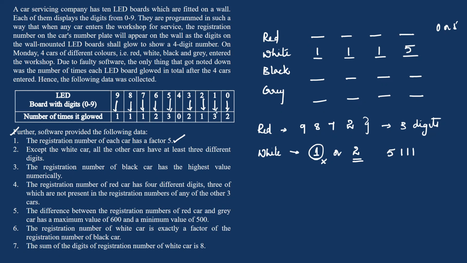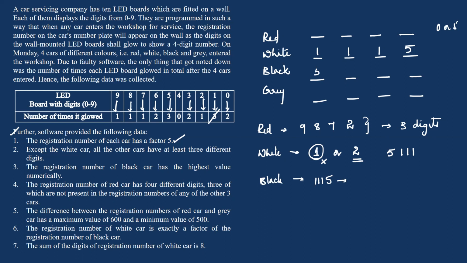Okay, so we are done with 3 ones, right? Now the registration number of white car is exactly a factor of the registration number of black car. So the registration number of black car should be a multiple of 1115. Okay, and the starting digit of black car cannot be less than or equal to 5.